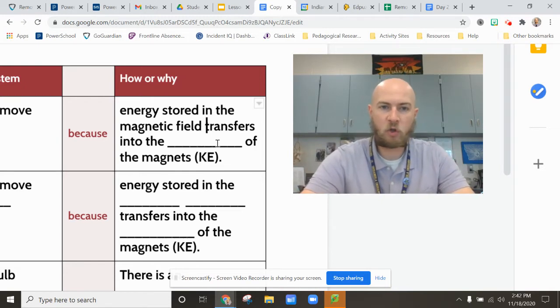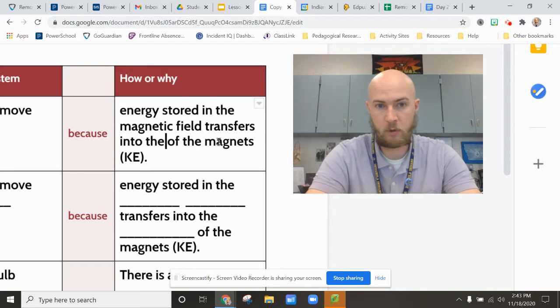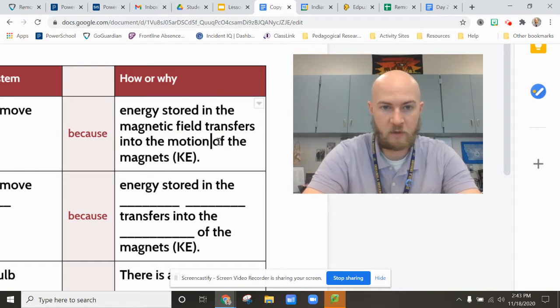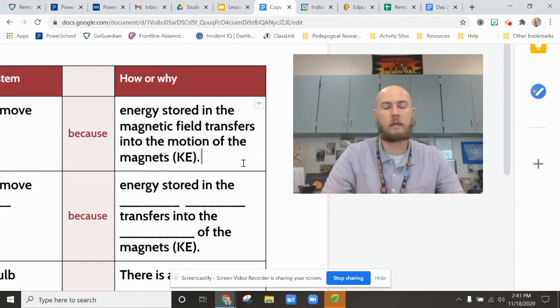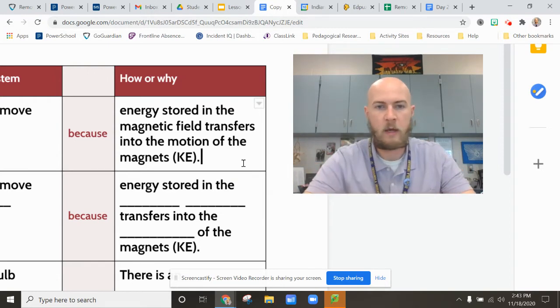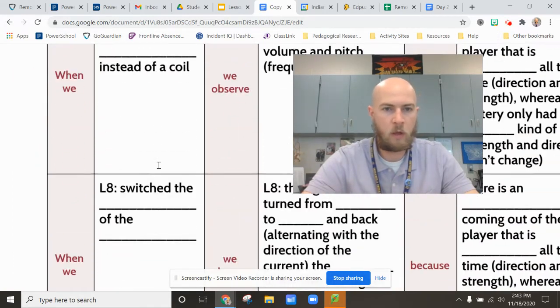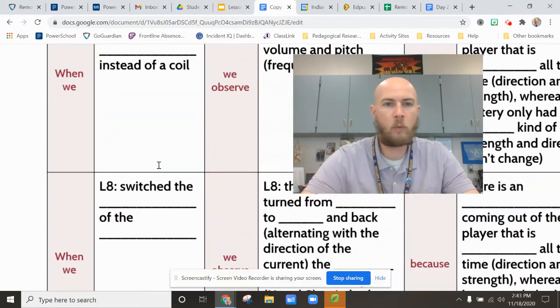And that magnetic field transfers into the motion of the magnets as kinetic energy. And remember, kinetic energy is motion. So that's the process we're going to go through. And now we're going to go ahead and do the rest of these. There are 1, 2, 3, 4 more we need to do.